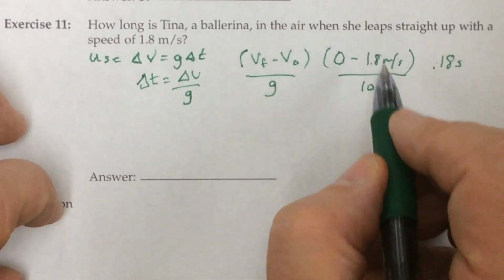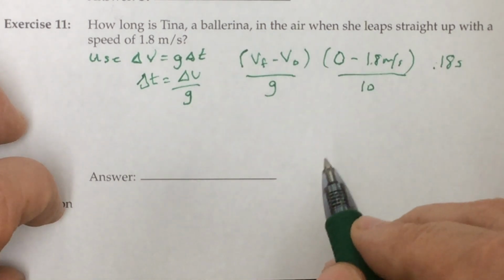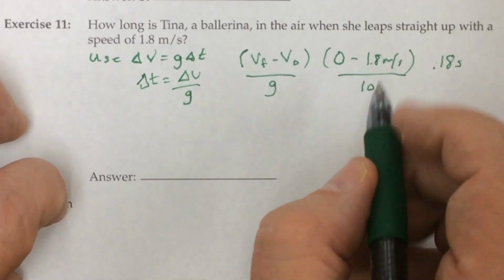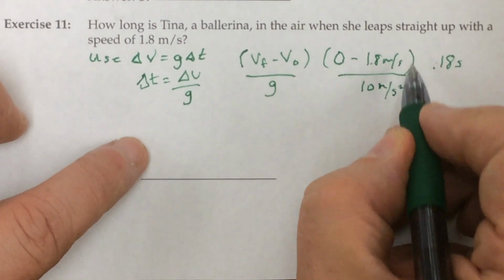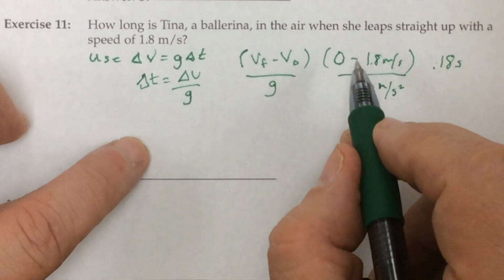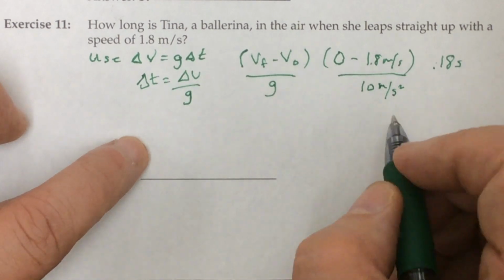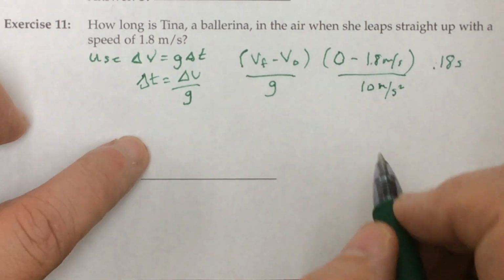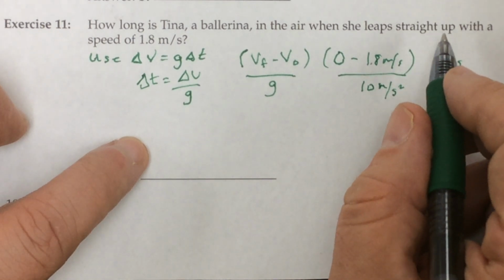So we call velocity positive when it's heading with gravity, and it's negative when it's heading away. But this is 10 meters per second squared. The meters are going to cancel. One of the seconds is going to cancel. You're going to end up with 0.18 seconds, but I'm going to ignore this negative because time is never negative. You can't have a negative 0.18 seconds. So this is just going to be it takes her 0.18 seconds to go up and stop.